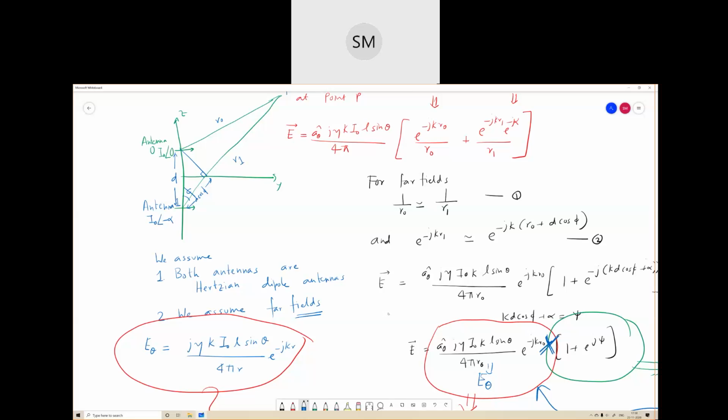Do you understand what I said? Theta instead of phi would have been more correct. However, our previous discussions were on phi, so to make it easier to understand, I used phi. But the more correct one would have been theta. Okay.